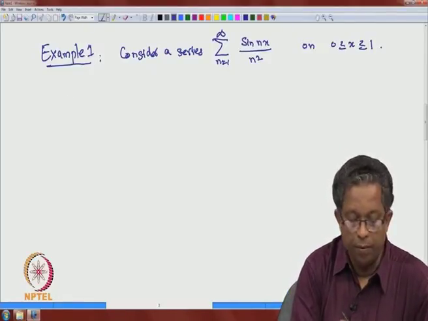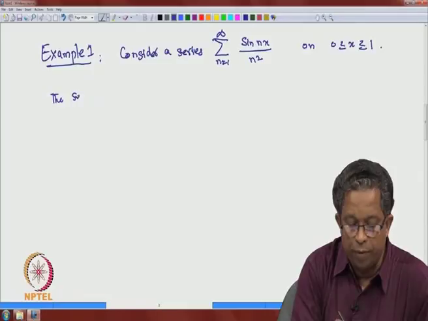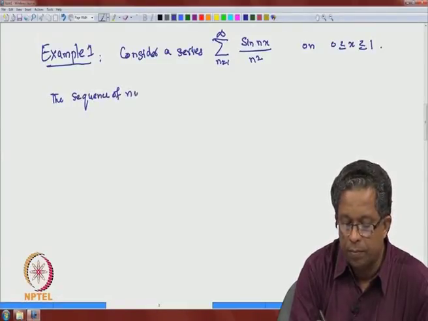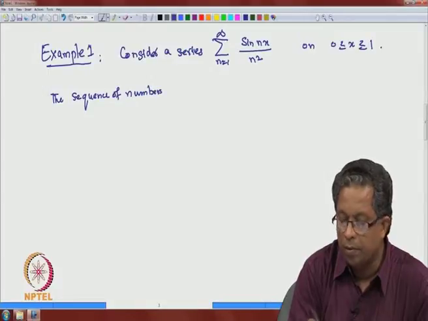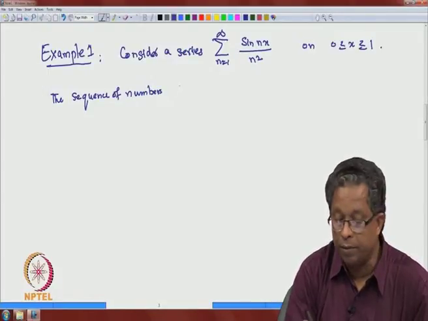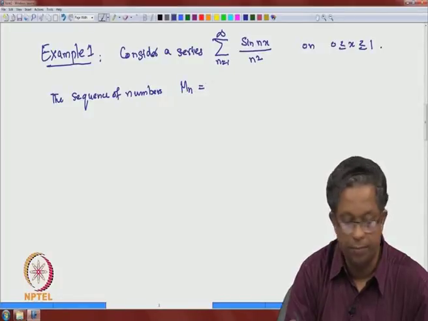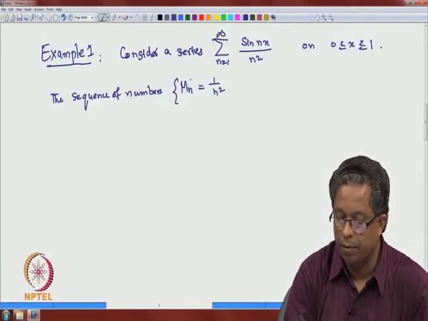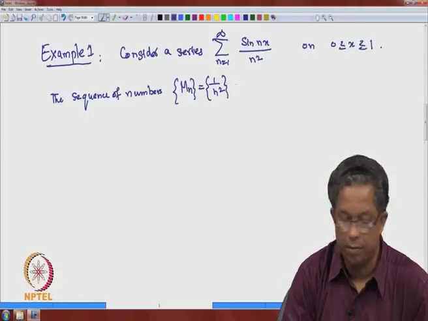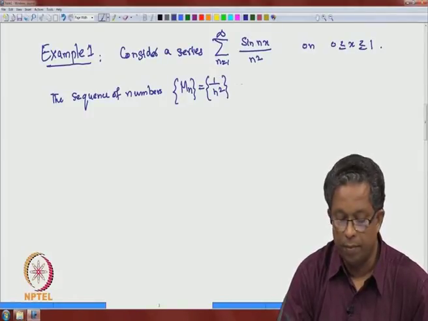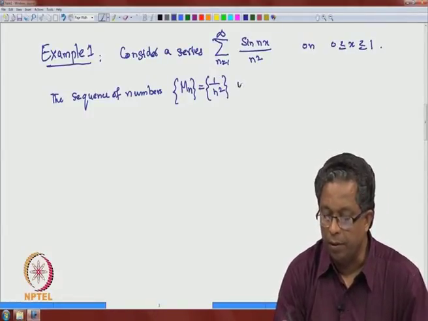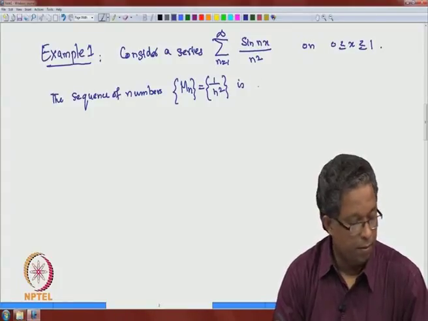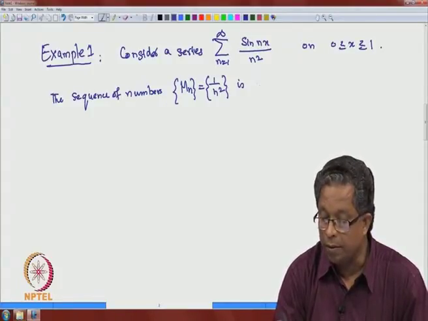So, now the sequence of numbers Mn, which is 1 by n squared, is convergent.